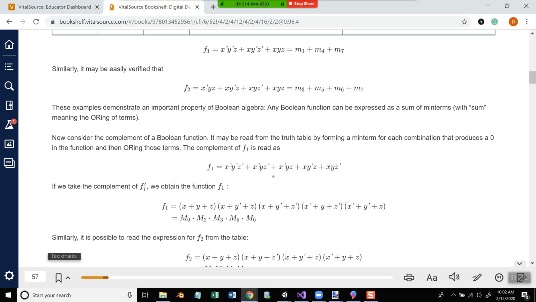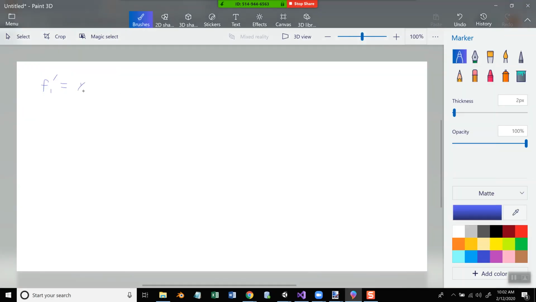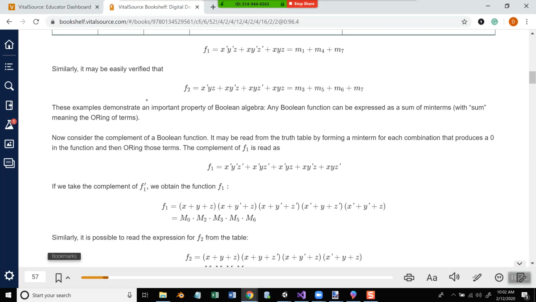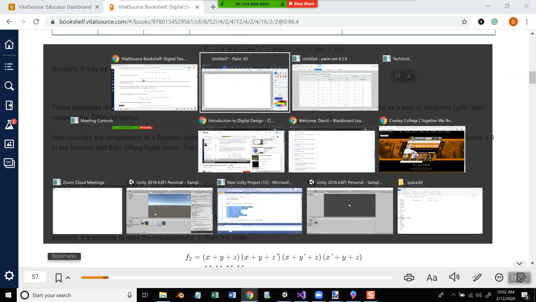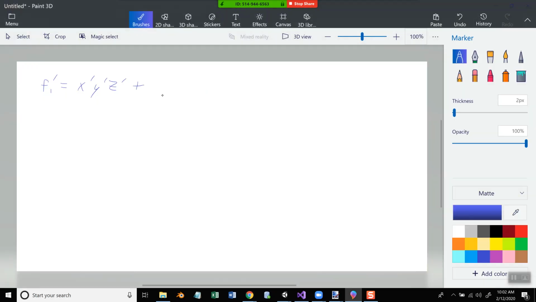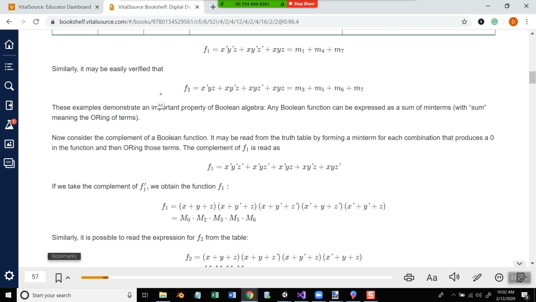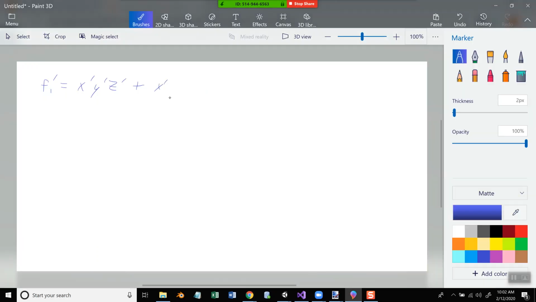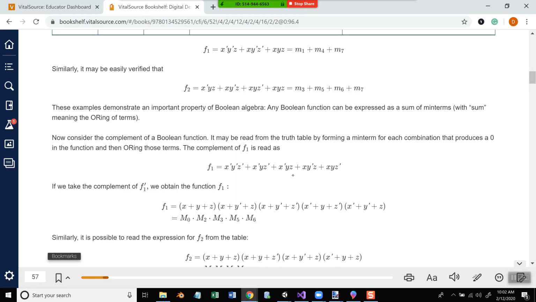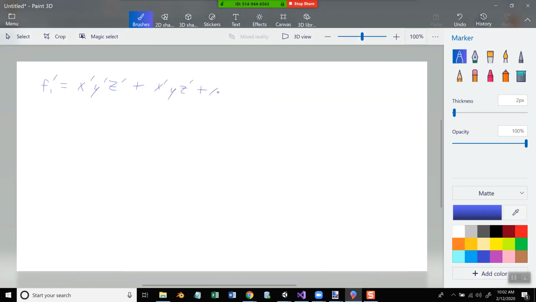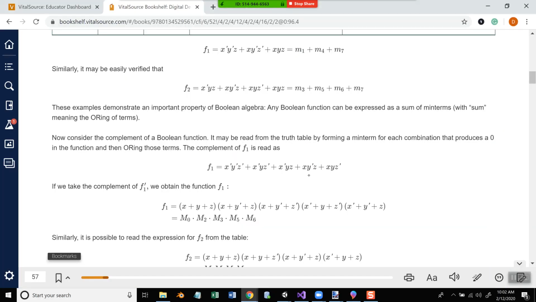F1 prime, that's from this, x prime, y prime, z prime, plus x prime, y, z prime, plus x prime, y, z, plus x, y prime, z, x, y, z prime.